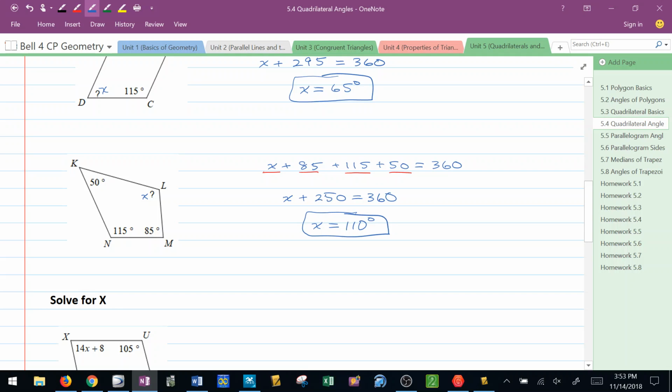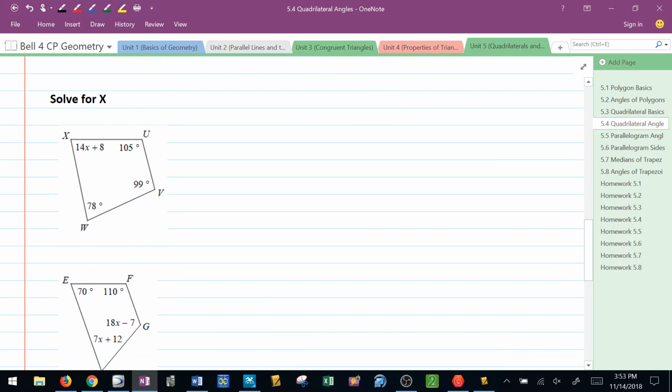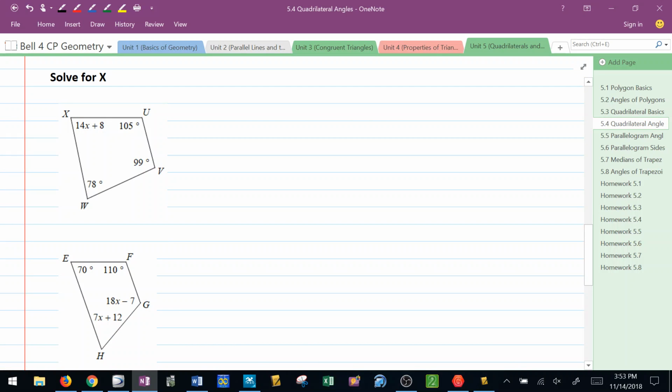Now, if this makes sense, then you should be able to follow the rest of the lesson. The only difference is now we're going to throw more variable expressions in it. So in this next picture, it says solve for x. I see x is in this expression right here. I know that the four angles of this quadrilateral have to add up to 360.